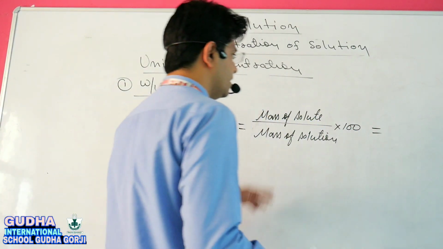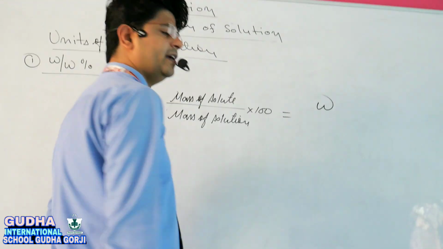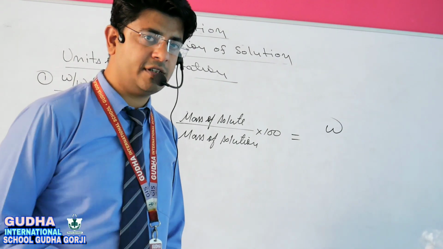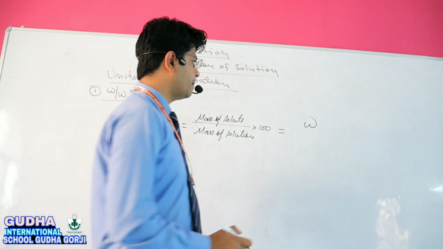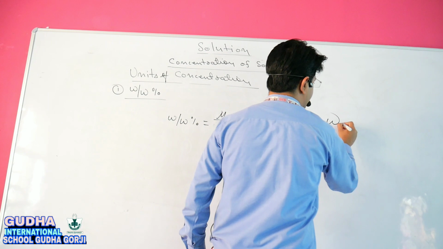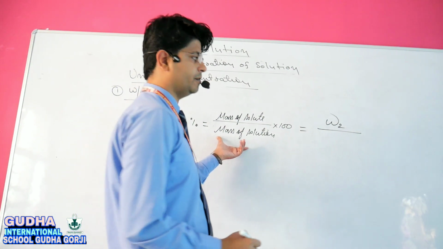Symbolically we can write it: the mass of solute, as we know mass is represented by W, and for the solute we use 2, and for the solvent we use 1. So here, mass of solute, W2, upon mass of solution.